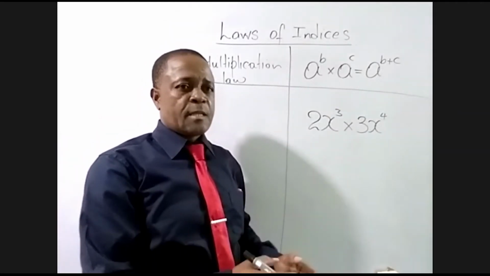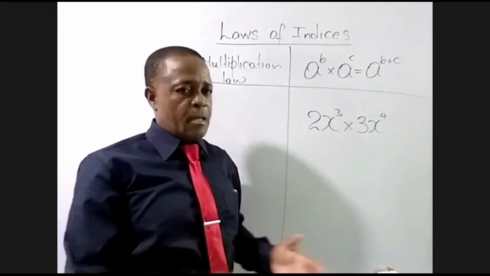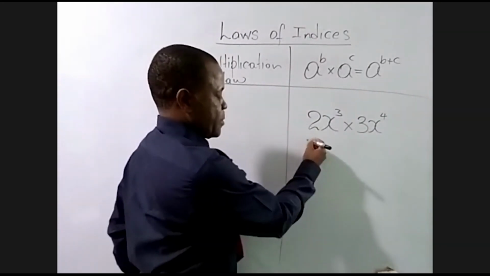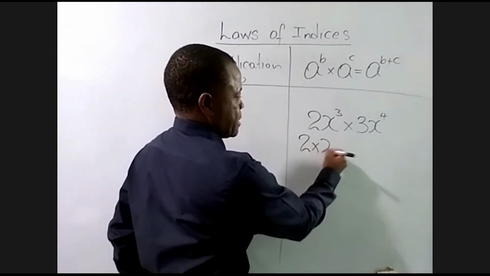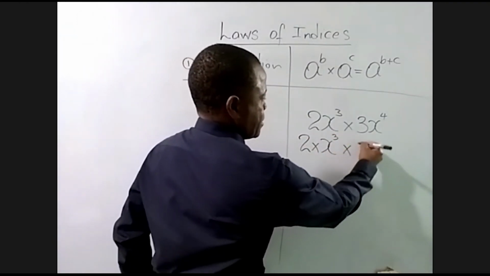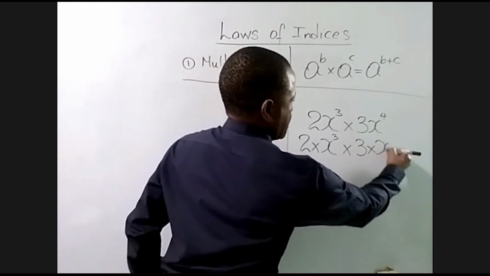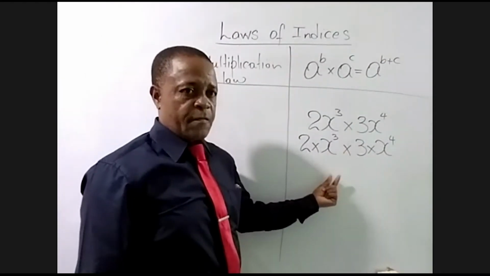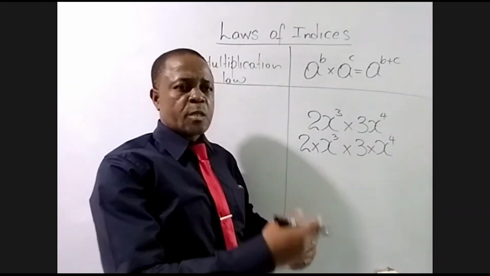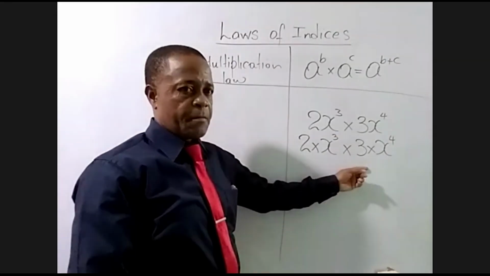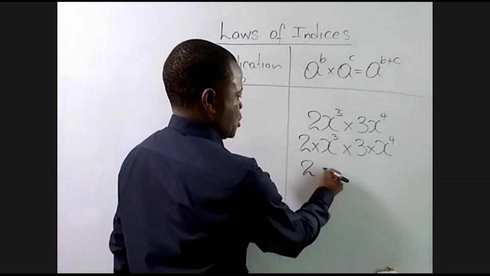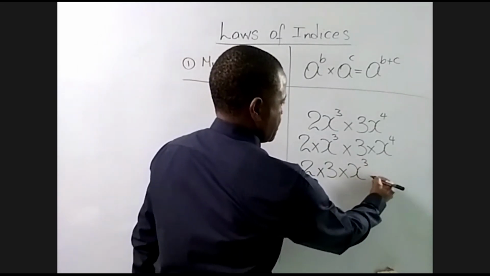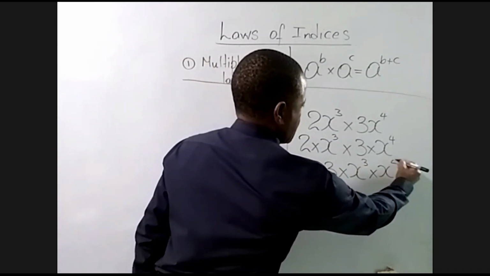The order in which you set the things that you're multiplying, it really doesn't matter. It will give you the same answer. So this that we have here would have been 2 times x cubed times 3 times x to the fourth. Now, because multiplication is commutative, what we're going to do now is to just rearrange what we have here. So we'll end up with 2 times 3 times x cubed times x to the fourth.